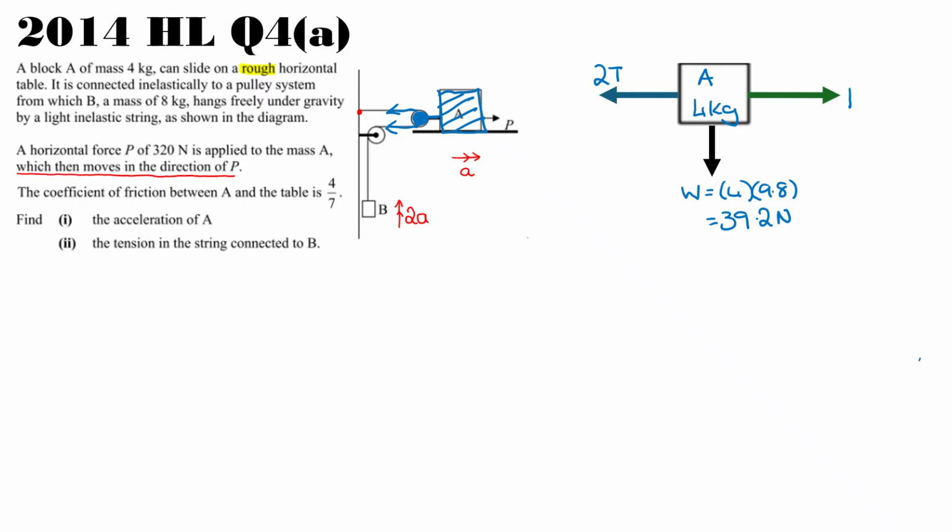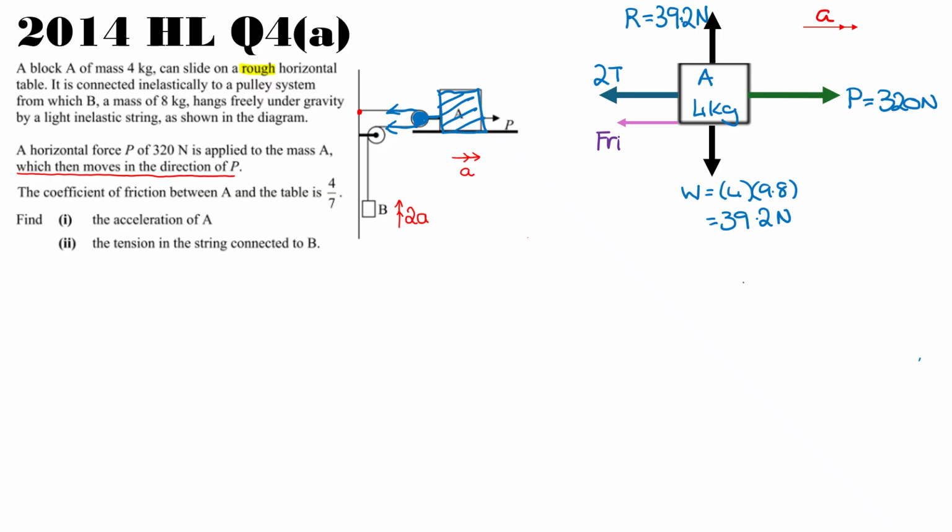We also have a pulling force here to the right, which we're told in the question is 320 newtons. And we have our reaction, and because there's no up and down movement, we can go straight to reaction being 39.2 newtons. So our direction of movement is to the right with an acceleration of A. And don't forget that this table is a rough table, so we're going to have to take into account friction.